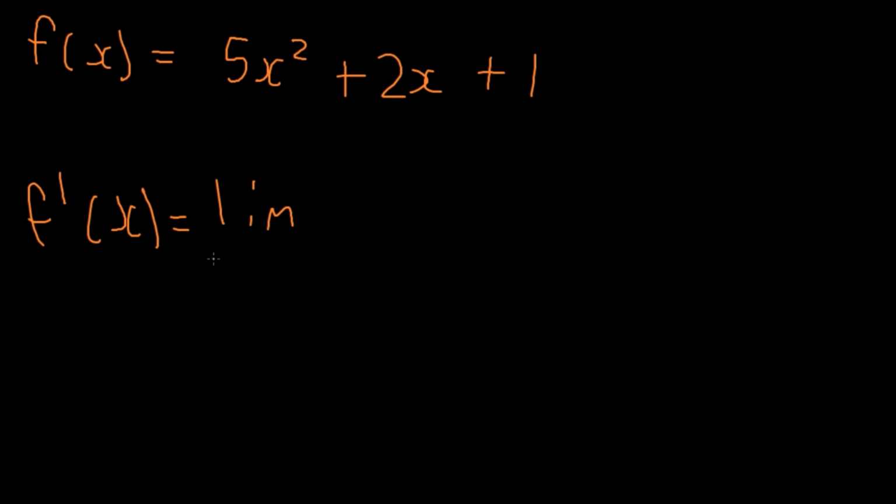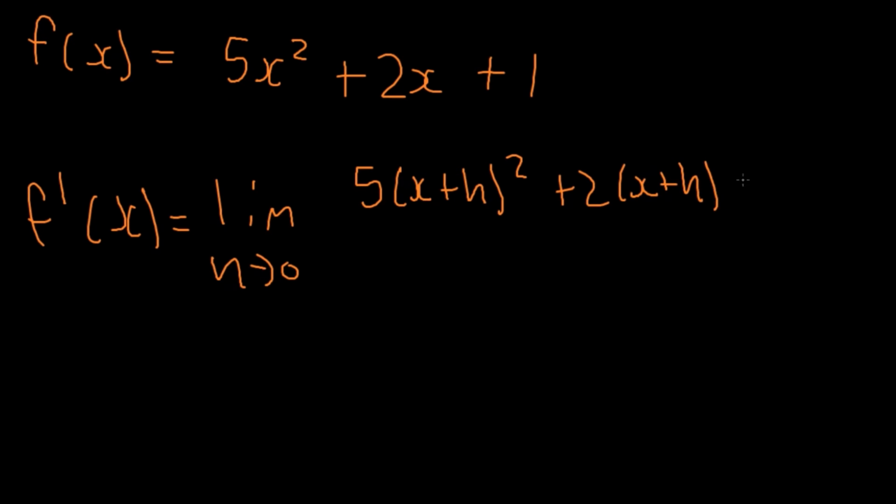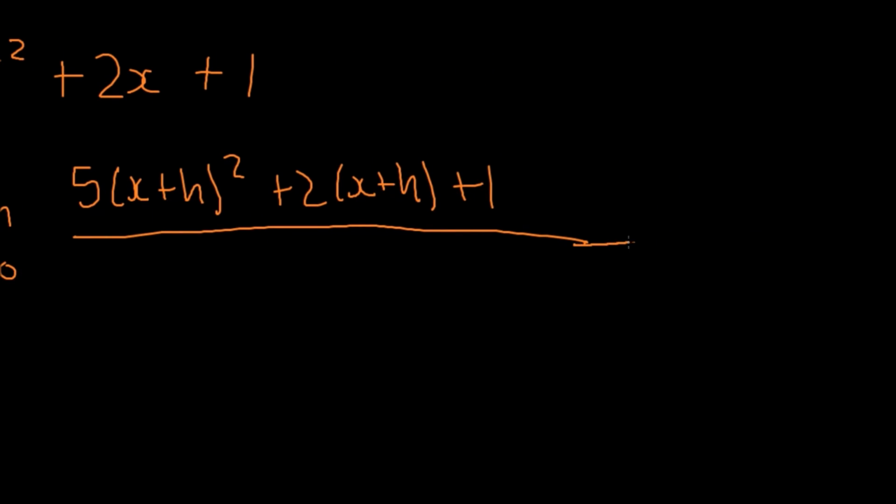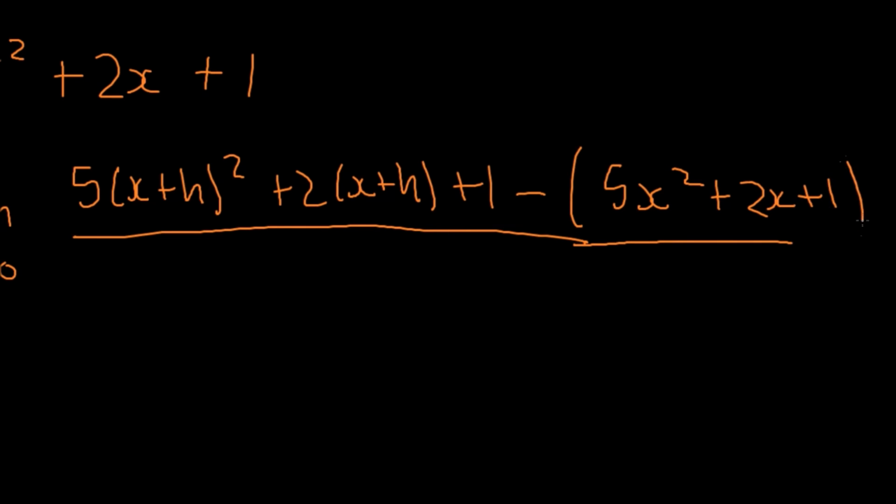Limit as h approaches 0. So we're going to have this term for all of our x plus h squared plus 2 times x plus h plus 1, all divided out. And then we're going to subtract off of that 5x squared plus 2x plus 1, all divided through by h.